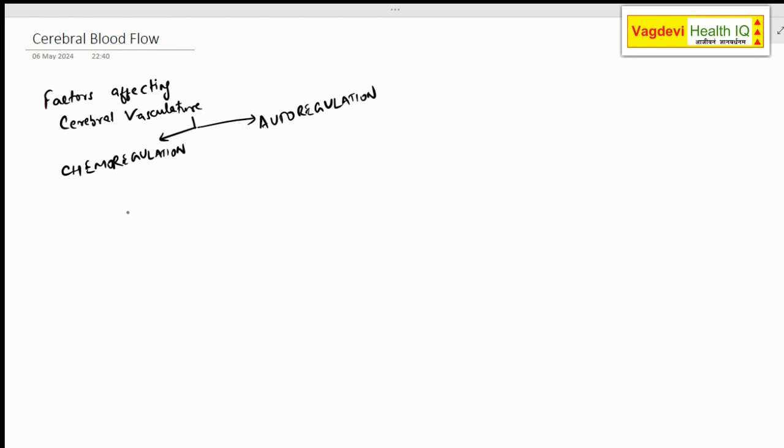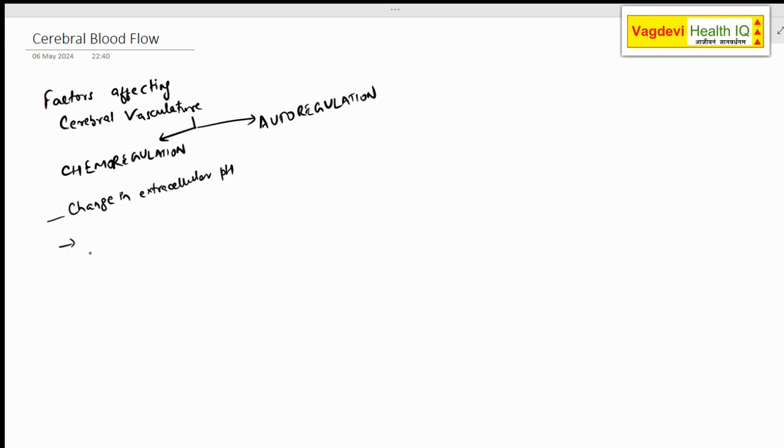Okay. So chemoregulation is basically a change in extracellular pH value. Basically why it can happen is because of the metabolic byproducts which directly affect the vascular caliber.